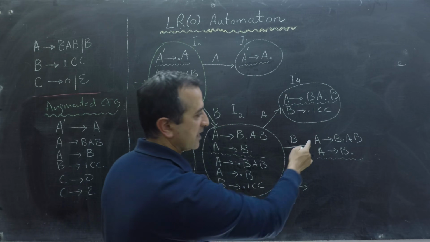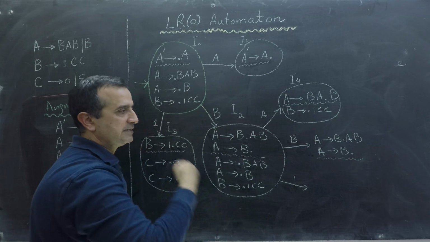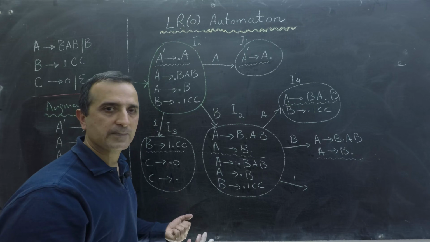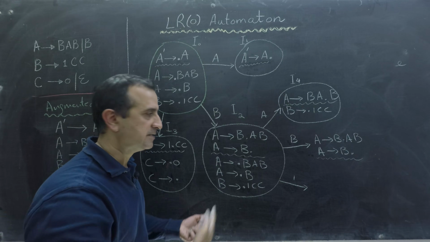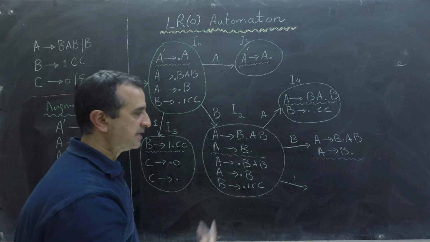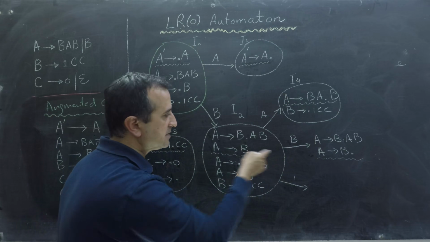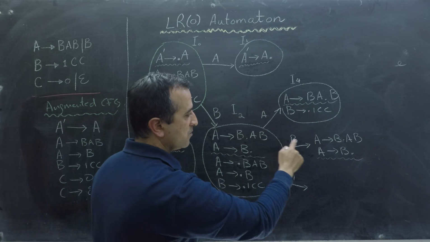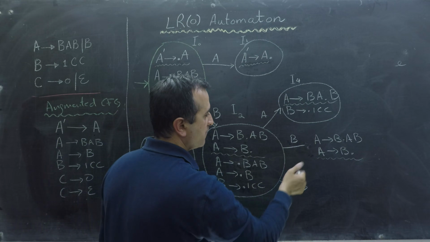But we have to quickly check if these source items are already present in an existing state of our DFA. Then we don't have to create a new state, we have to point to that existing state. And in this case, these source items already exist here. So that means on B, we point to this state by creating a self loop.